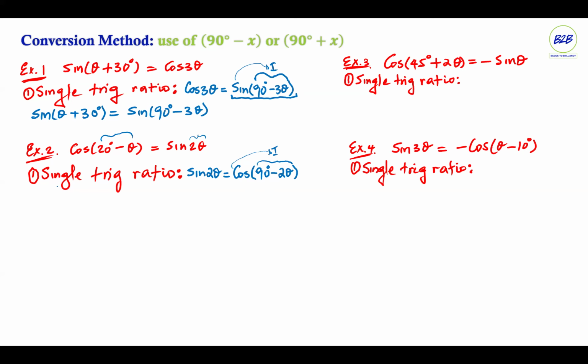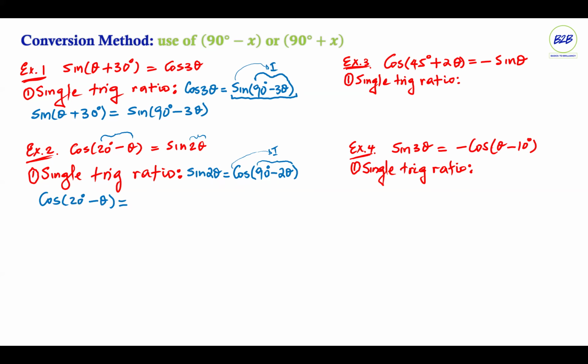And then to achieve a single trigonometric ratio, we'll say, okay, cos 20 degrees minus theta. Initially, it was equal to sine 2 theta. Now we have discovered that actually sine 2 theta is equal to cos 90 degrees minus 2 theta.